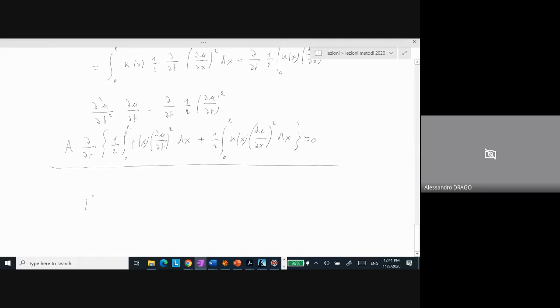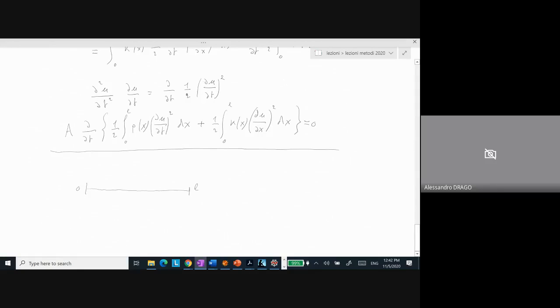So let's assume that this is our string. If there was no gravity force, then the equilibrium position would be this one, the one in which we just get u equal to 0 everywhere and forever, and you are happy.